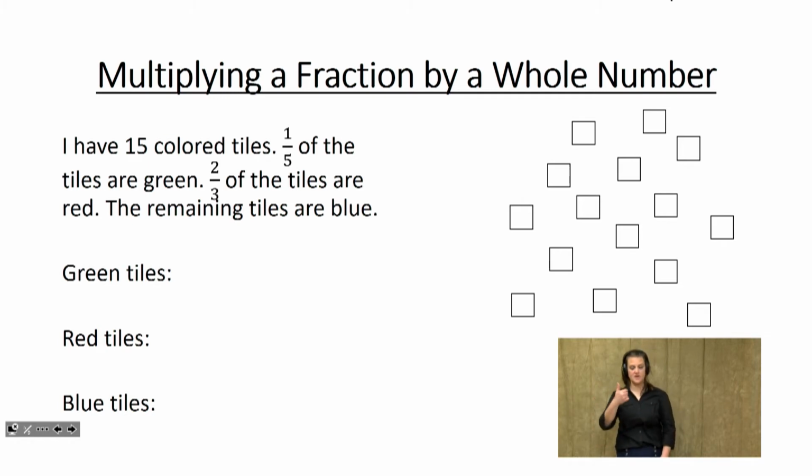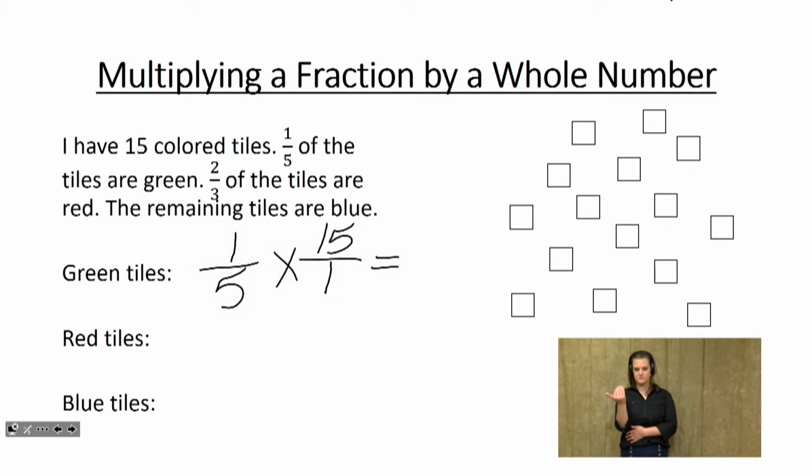I'm going to write the problem and I want you to solve this. You might be able to solve it mentally, or you might use the tiles here, or you might use standard multiplication. So green tiles, it said 1/5 of the 15 tiles are green.